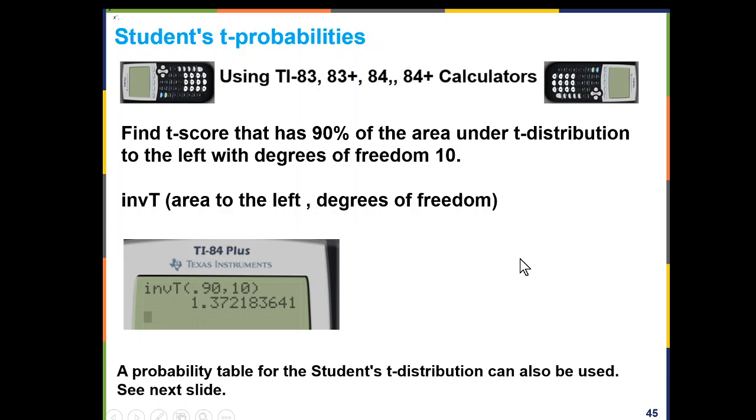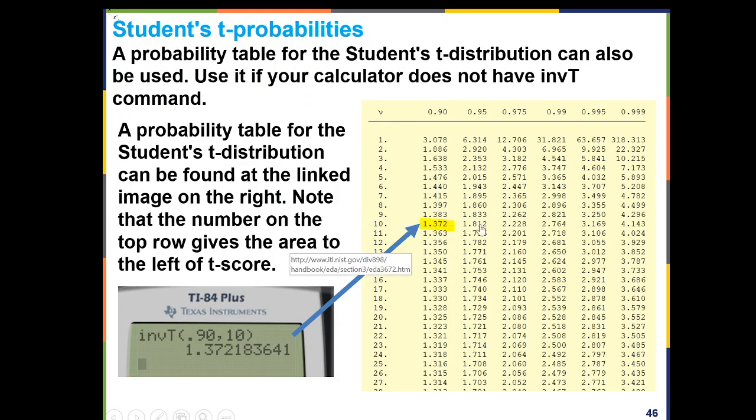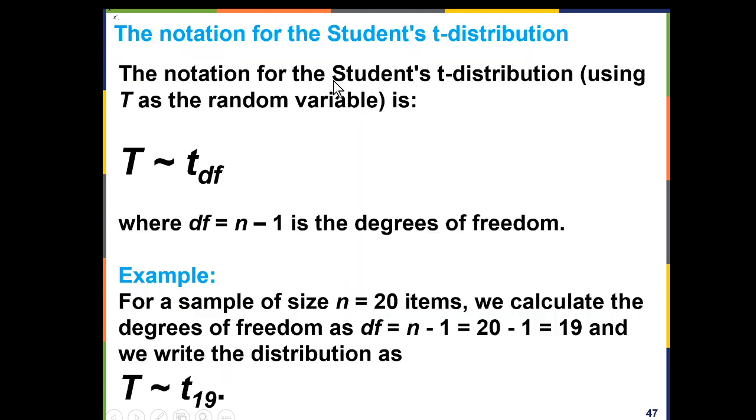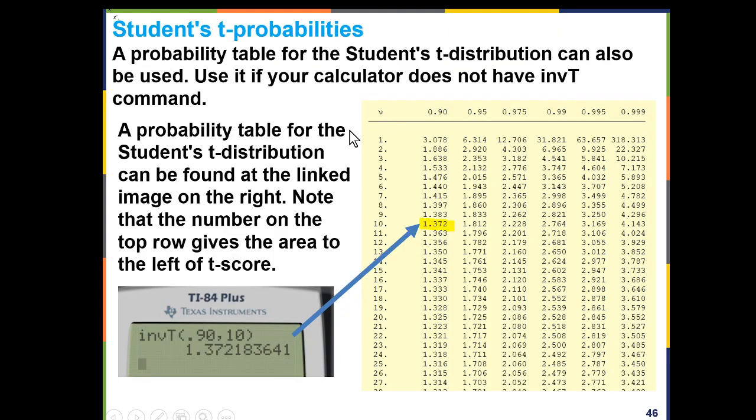All right. Now, if you don't have a calculator, you can use a table. Here's the table, and this column is degrees of freedom. These tables are in the textbook. If you click here, you go to the textbook and see it. But we don't really use tables if you have technology.